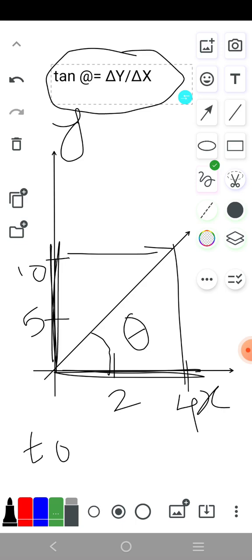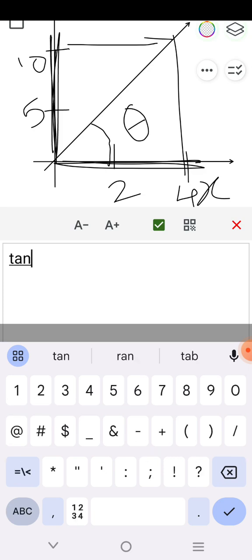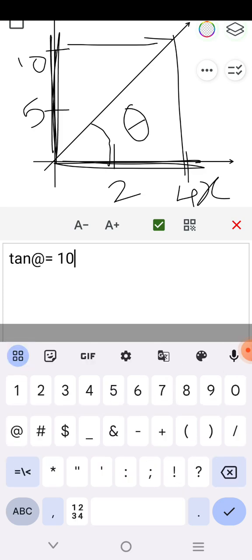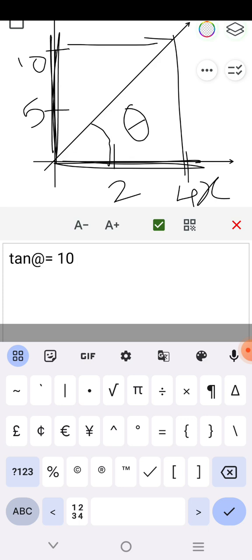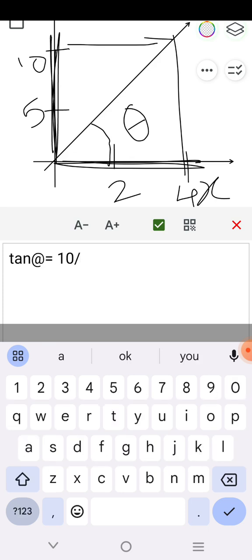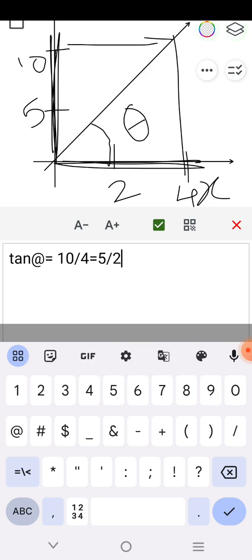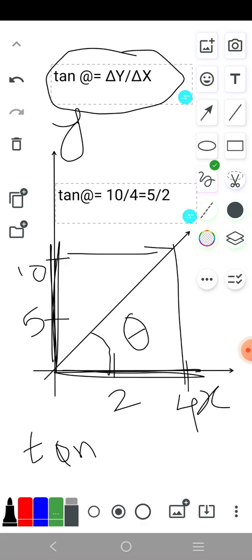So tan theta equals the change in y axis, 10 minus 0, which is 10, divided by 4 minus 0, which is 4. That means tan theta equals 5 by 2. So theta equals tan inverse of 5 by 2. This is how we can obtain the slope of a graph with the help of the formula.